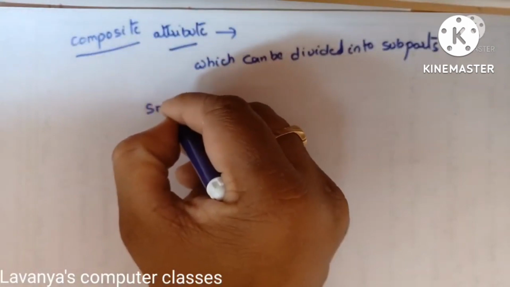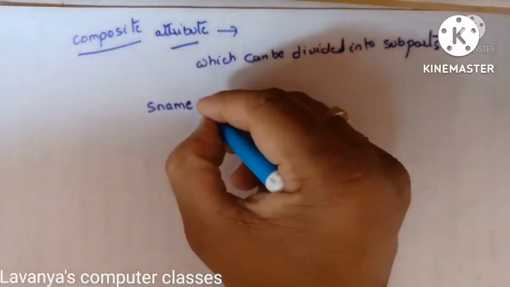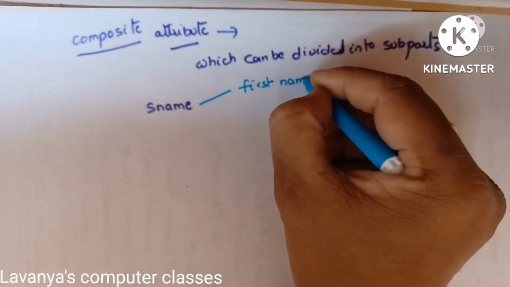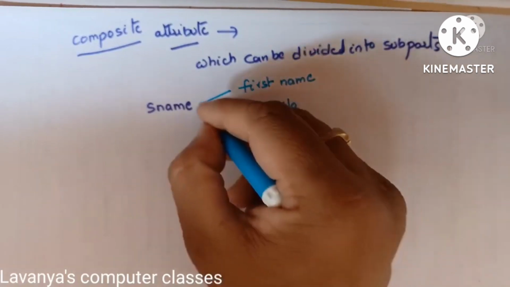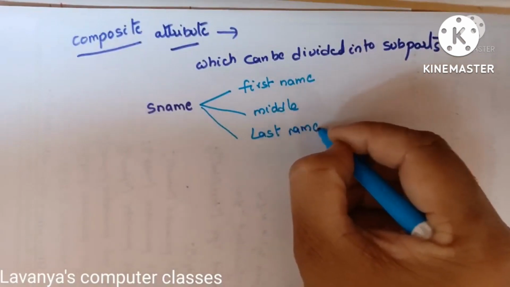For example, S name. In the previous student example, I took the attribute S name, which means student name. Student name is possible to divide into first name, middle name and last name.